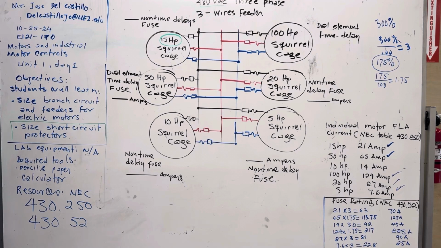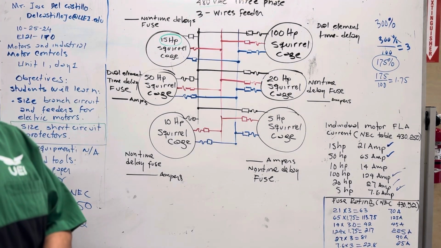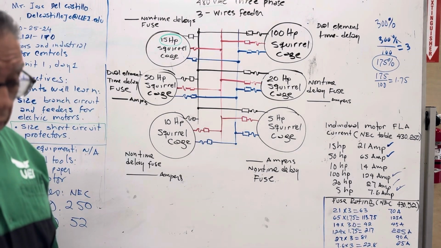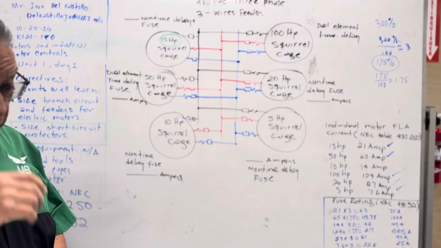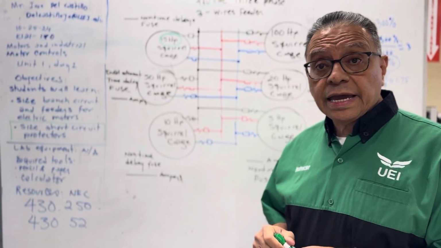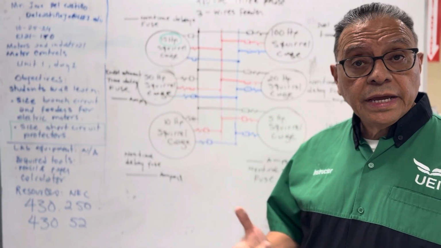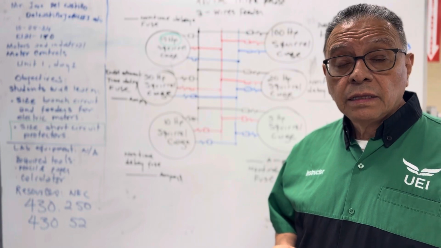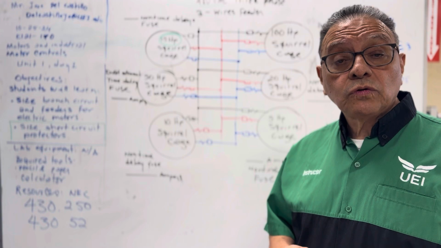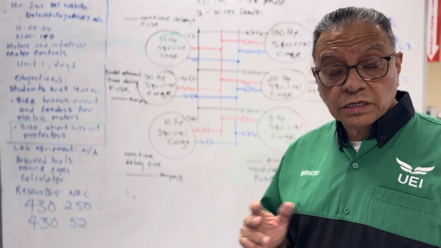In this case, we are using fuses. And don't forget, a fuse is offering higher protection against short circuit. A circuit breaker could be 10,000 amperes. Fuses, some of them could be up to 250,000 amperes on a short circuit.